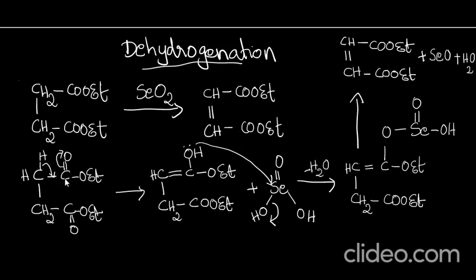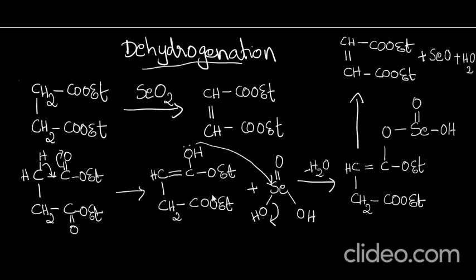Here this is a keto functional group. It will easily undergo tautomerization into enol. This is keto-enol tautomerization, and it will be converted into enol.